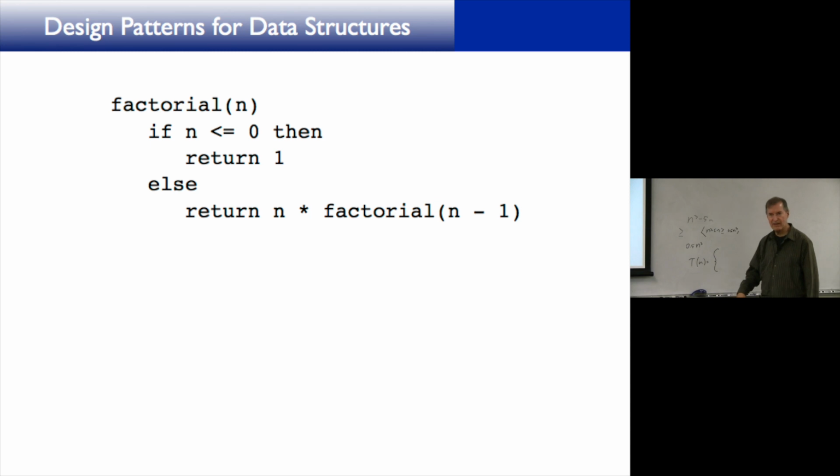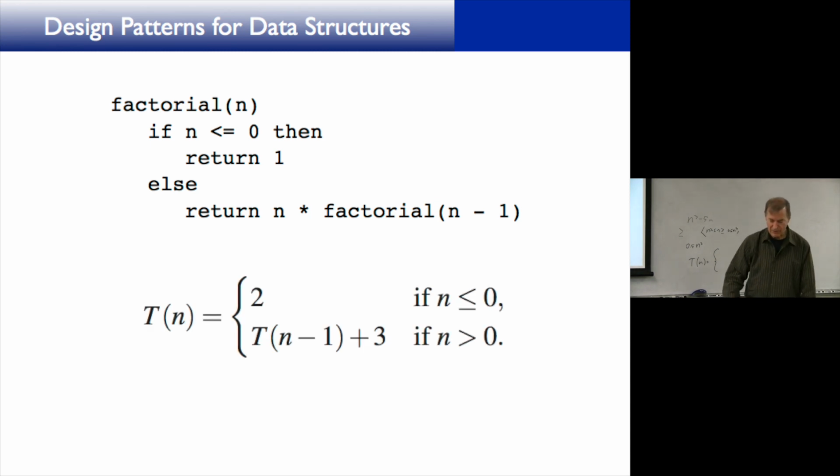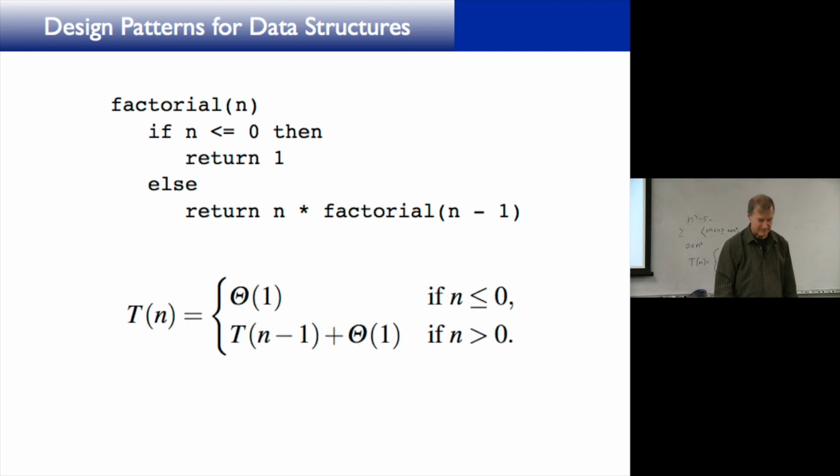Yeah, big theta. And when we were first doing this, we said 2 and then T of n minus 1 plus 3. So that would have been like plus big theta. But then we graduated to doing it like this. Remember that?